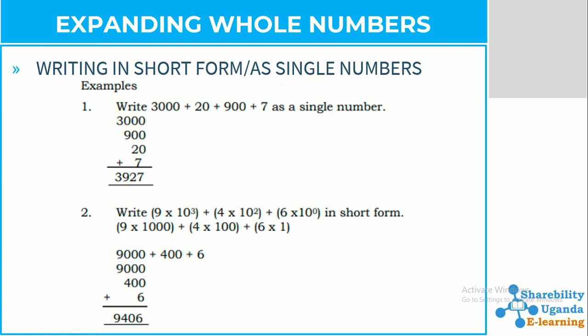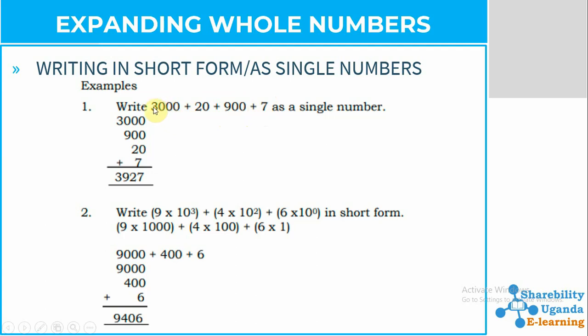For example, here, now when they tell you to write in short form, this is when they have now given you some of the numbers that we have been solving on the other side. Like this number is given in values, okay? We remember we solved the number and we put it in this form. It doesn't matter about the settings.